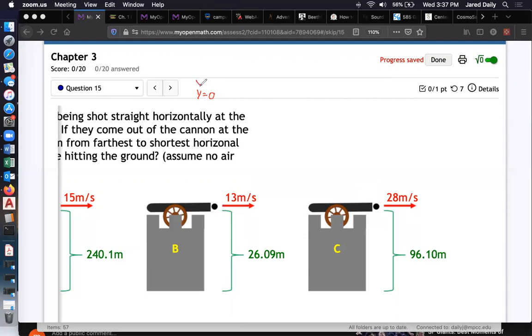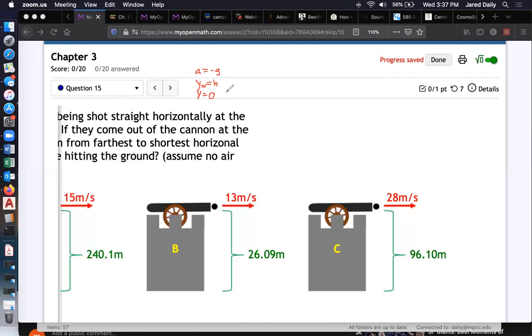We'll say that y initial is equal to whatever height we are given. We'll just call it h, and that's this height here. We also know that in the vertical direction we'll be using negative g for our acceleration. And that's all we really know in the vertical direction, but that's enough.